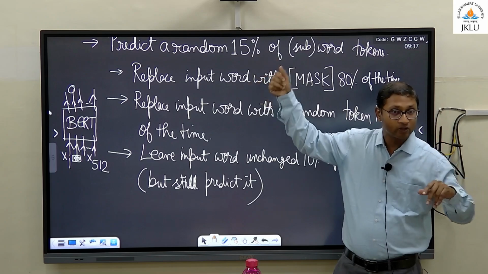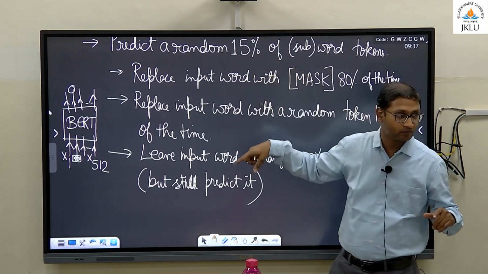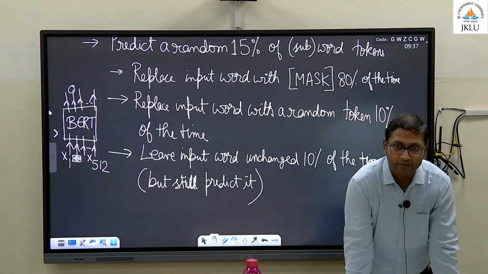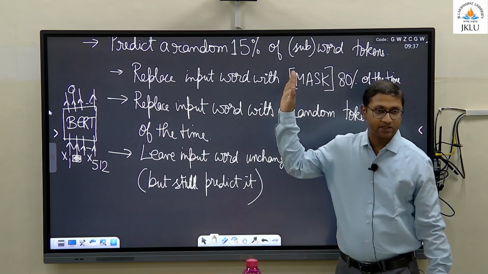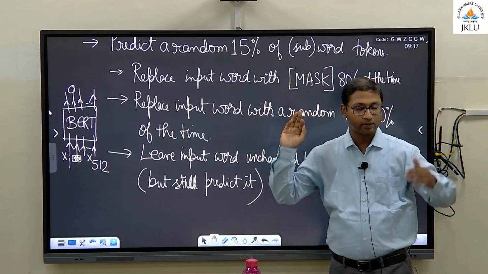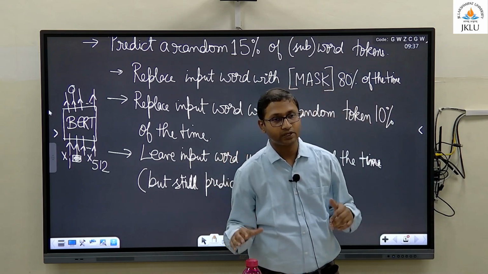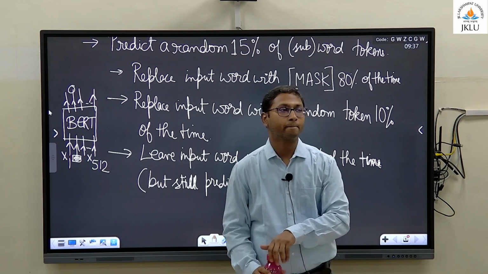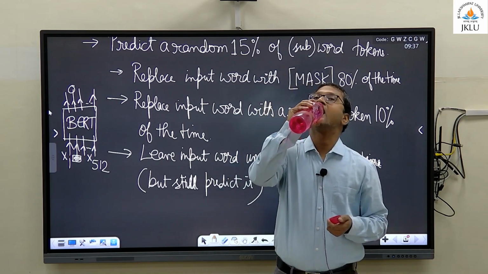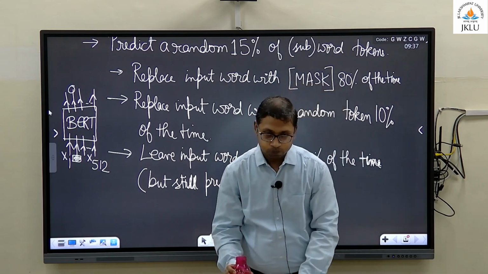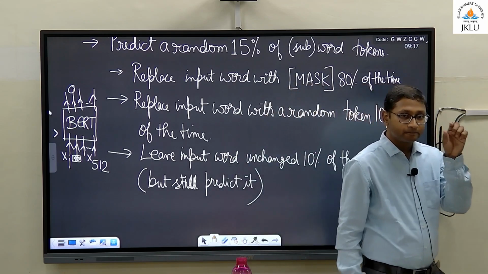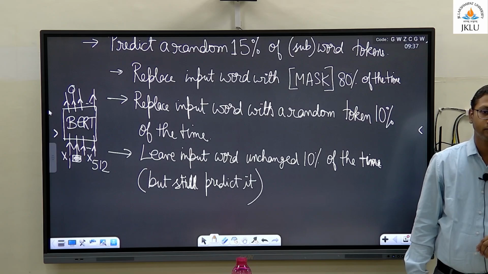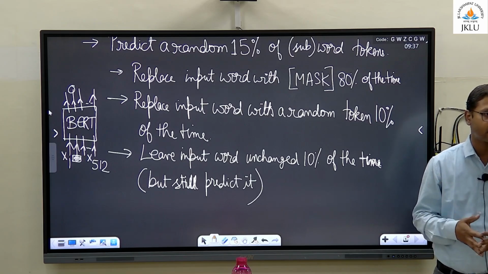Once you have pre-trained on these tasks, so this is task 1, we are going to talk about task 2. What are you going to do in the test time, by the way? This is your training task, and what will be your test task?